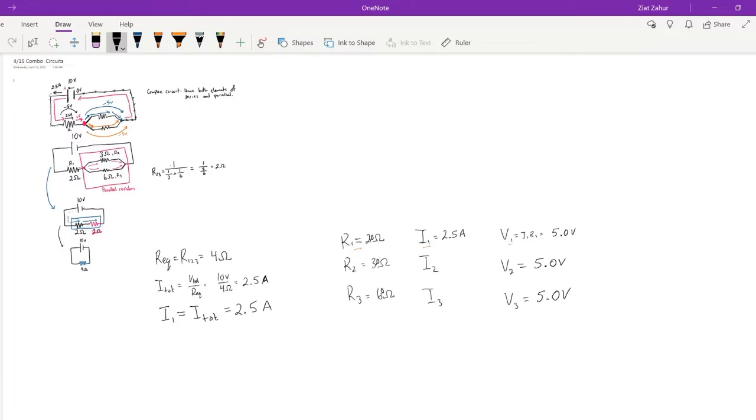Now, don't just assume that, oh, V1 has to equal V2 has to equal V3. Remember, this is a complex circuit. It has both elements of series and parallel.